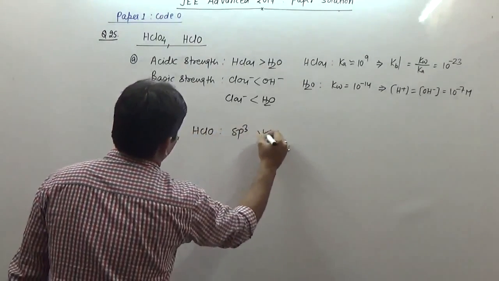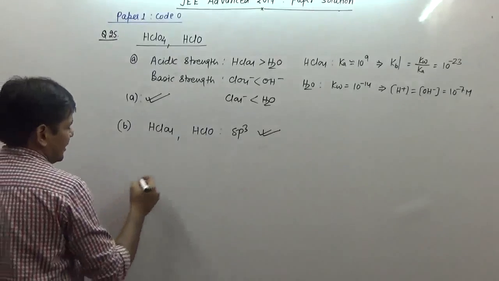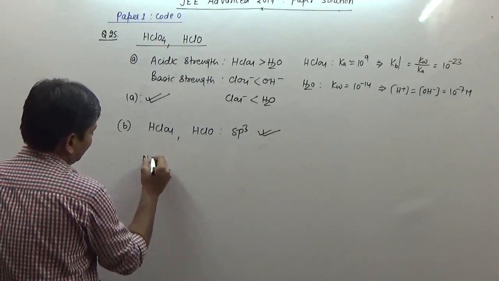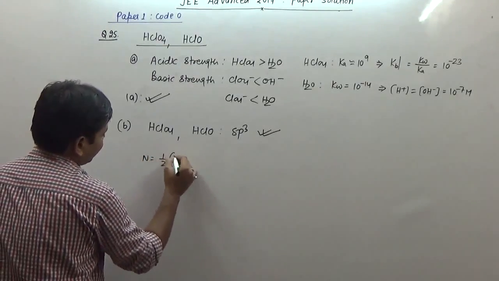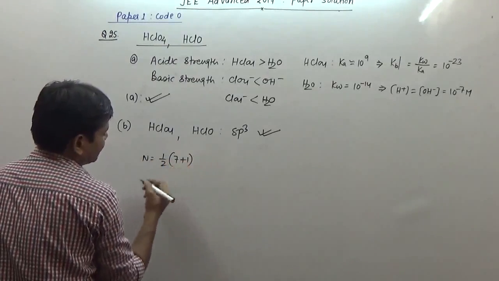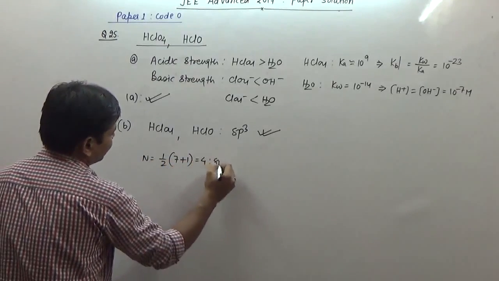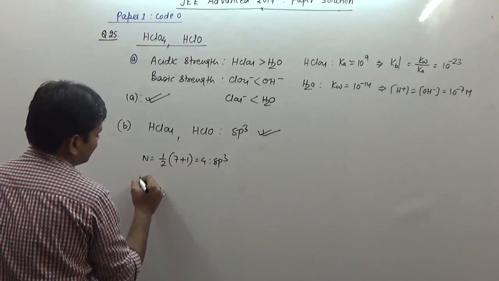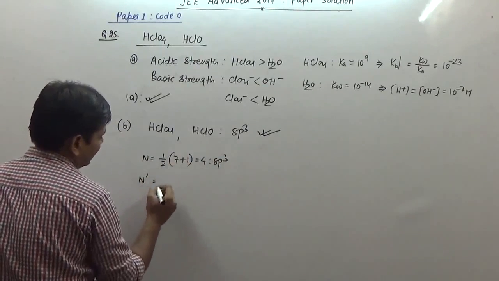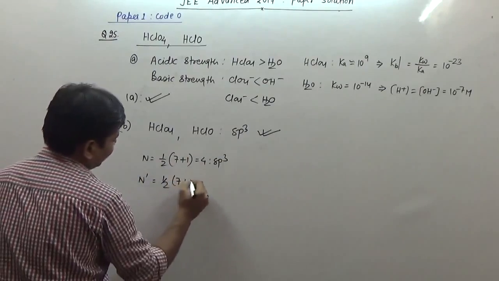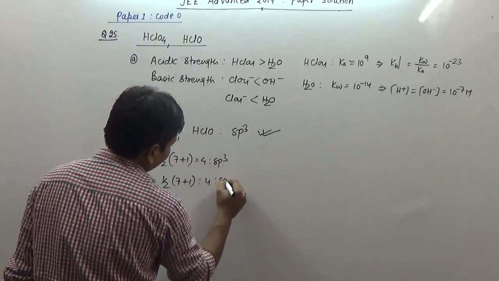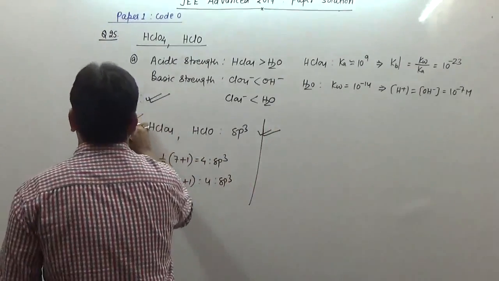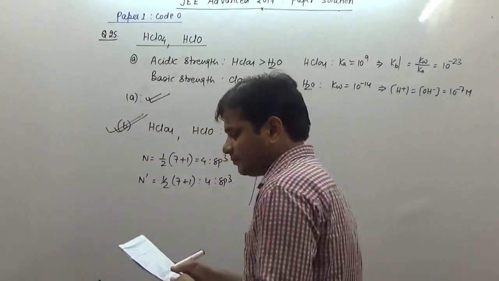This is again correct. You can easily calculate hybridization here. N is equal to half of V plus M minus C plus A, that is equal to 4, that is sp3 hybridization. Again for the second one, half of 7 plus 1, this is 4, that is again sp3 hybridization. So this is again correct. A option is correct, B option is correct.